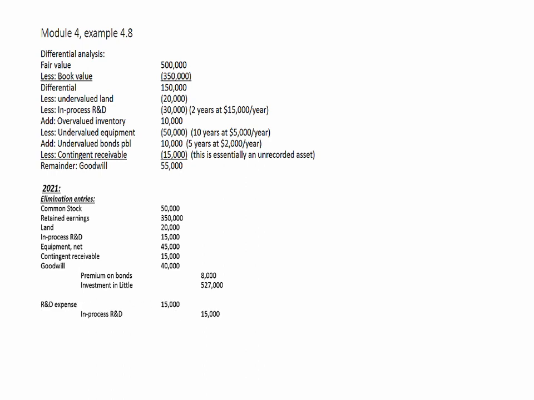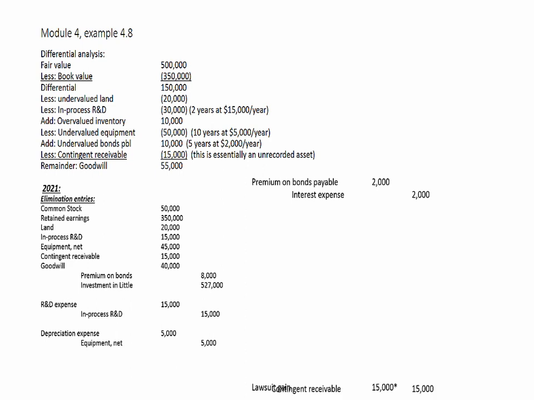Now we do our A for amortization entries. We take our second and final year of R&D amortization. We take another year's worth of depreciation expense. We take another year's worth of bond premium amortization. And again, we need to go ahead and adjust for that lawsuit gain and the collection of that contingent receivable.